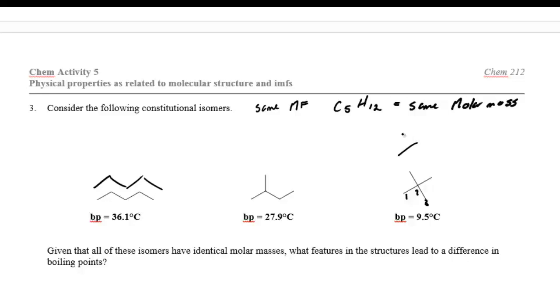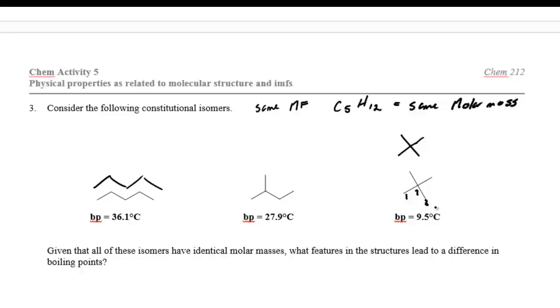So if I draw a second molecule of this 2,2-dimethylpropane, the intermolecular forces are still going to be London dispersion forces, but they're not going to be quite as strong in holding one molecule to the second molecule. There's less surface area to make the contact.